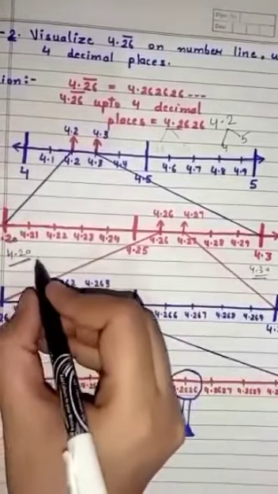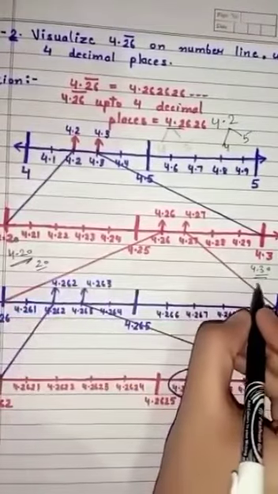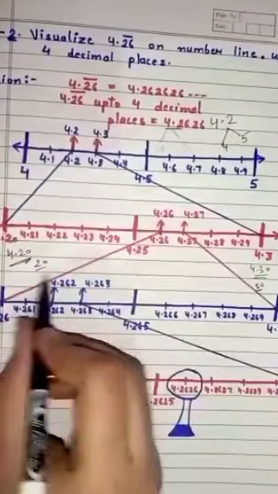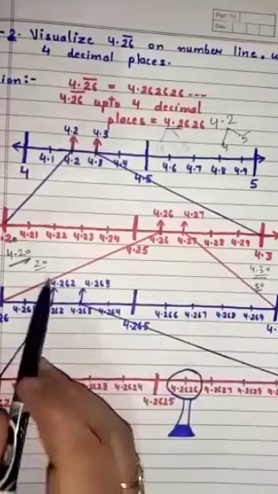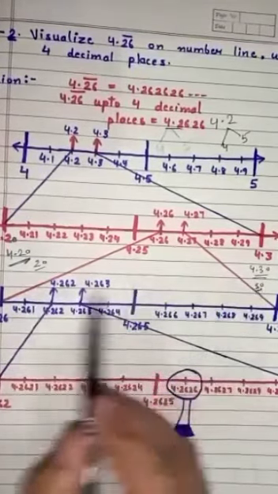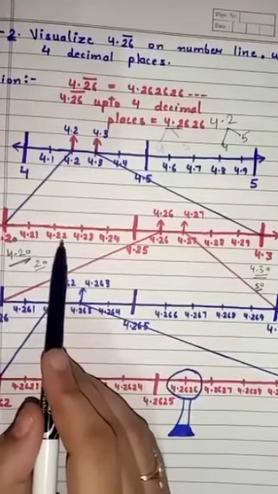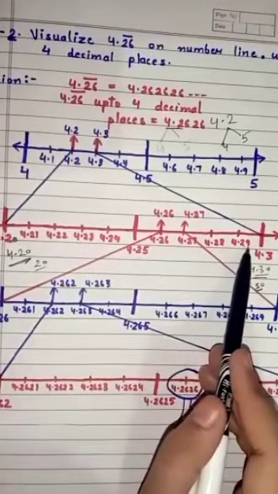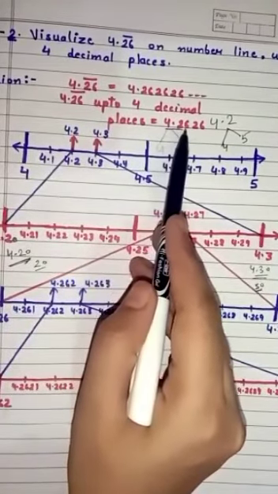Okay, now you want to write 20 and 30. Between these two points you have to write down the numbers. So between 20 and 30, we are having 4.21, 4.22 and up to 4.29. Now what's the number? 4.26.